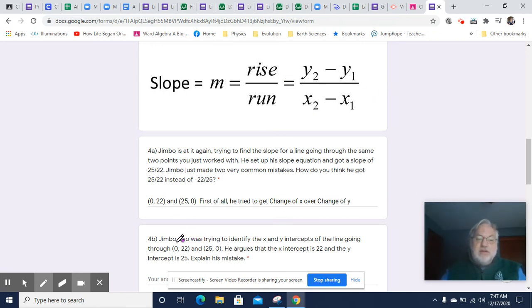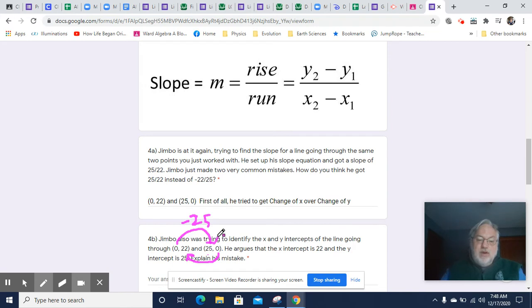So when he found, let's say we're finding his change in y, he may have done 22 minus 0, and then 25 minus 0. And both of those are going to be positive. Or he might have instead done, for change of x, 0 minus 25, which is negative 25. And then he may have done 0 minus 22.